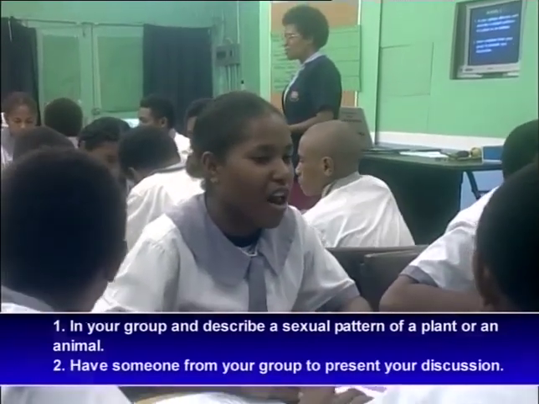As students in the receiving schools, you should know more of these living things, plants and animals, because you live in a rural area and you have a lot of plants around you. So you should be able to know plants that have certain patterns, sexual patterns, or plants that reproduce, or animals that reproduce at certain times.